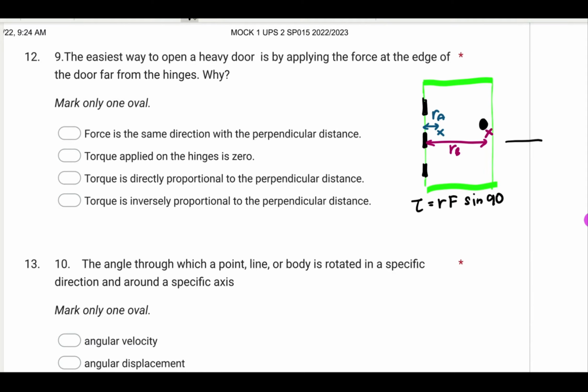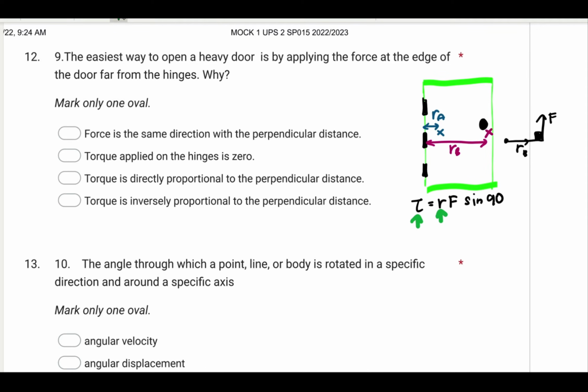Contoh daripada sini from the pivot point, kita ada RB. So kita tolak ke dalam ataupun kita tolak keluar, we put a force, right? Must be 90 degree so that your torque would be maximum. So here you can see that R is directly proportional. If R is bigger, increasing, means that torque also increasing.